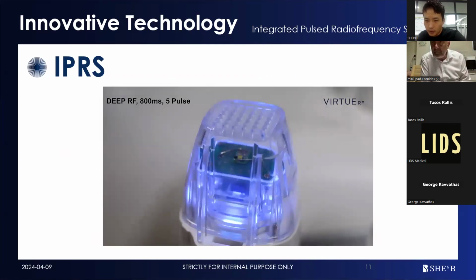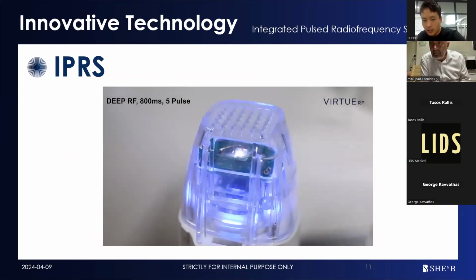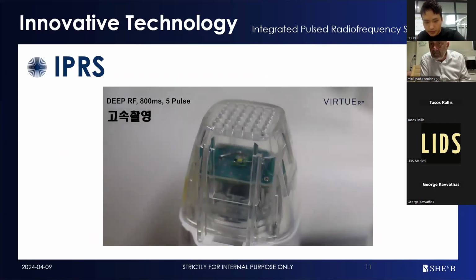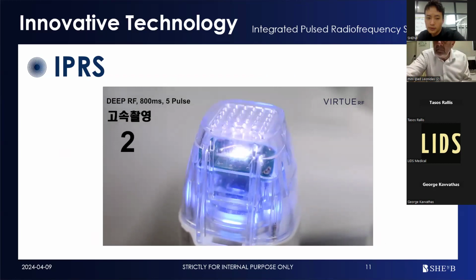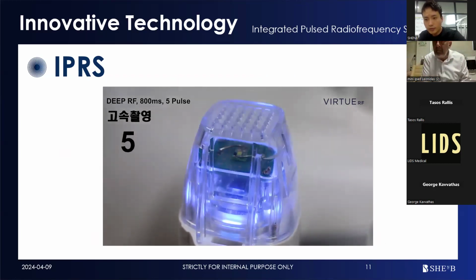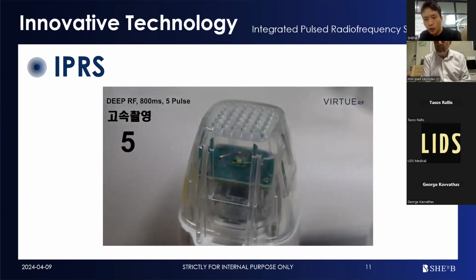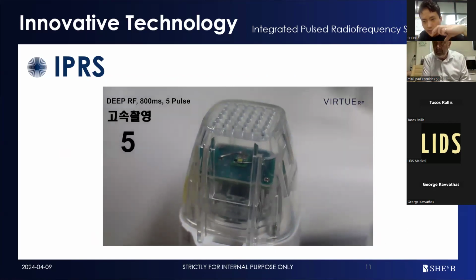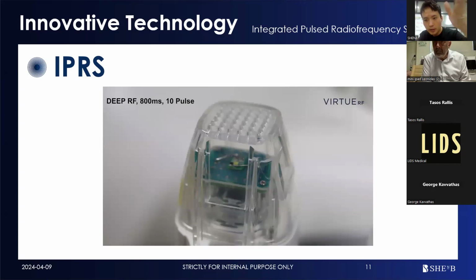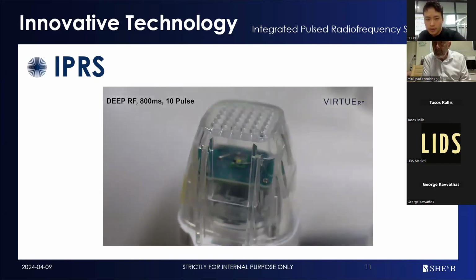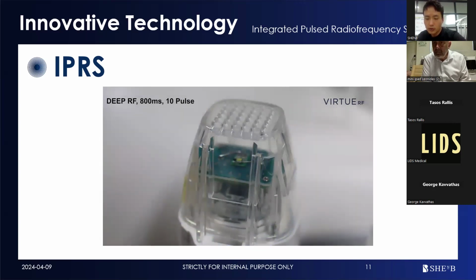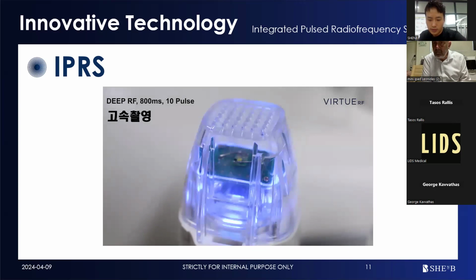This one is 5 pulse. We can see that the LED is flashing 5 times: 1, 2, 3, 4, 5. So the RF duration was the same as the 1 continuous wave, but within the same duration, it split the pulses into 5. This one is 10. So same 800 millisecond duration, it divides the pulse into 10 split waves.